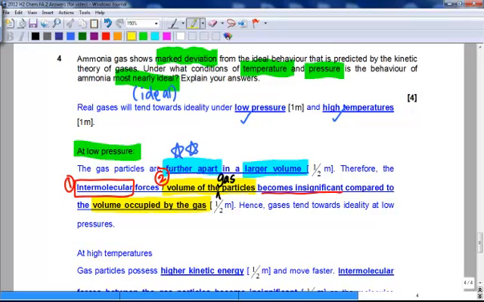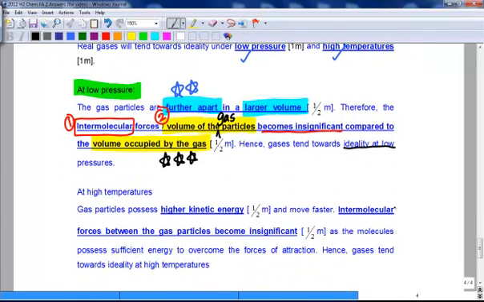Some of you who got this part wrong did so because by using your own words, you actually lose the essence of the statement. So please ensure that you have the volume of gas particles insignificant compared to the volume occupied by the gas. Hence gases tend towards ideality at low pressure.